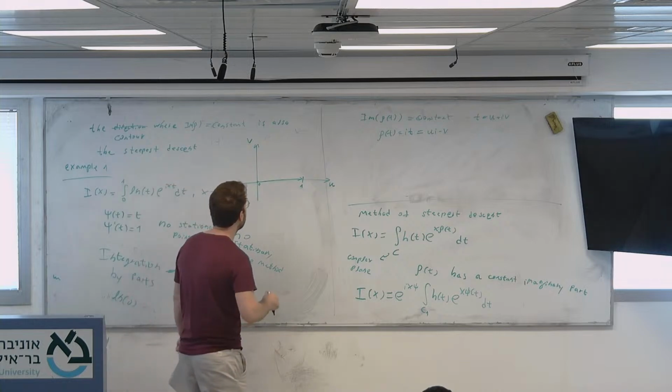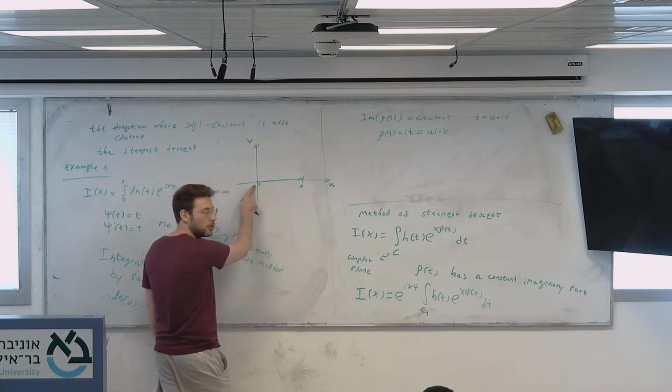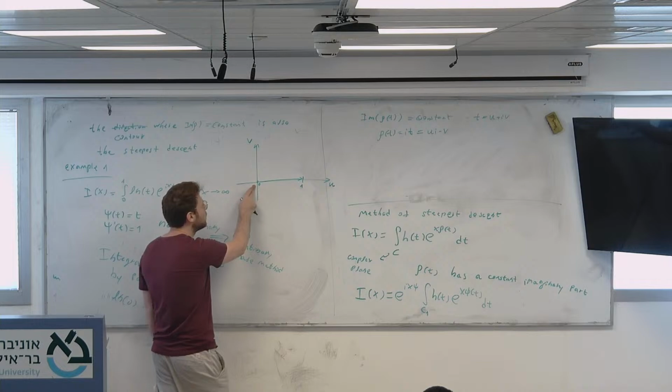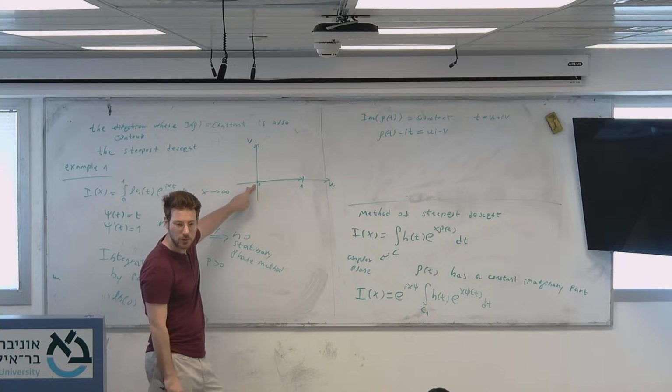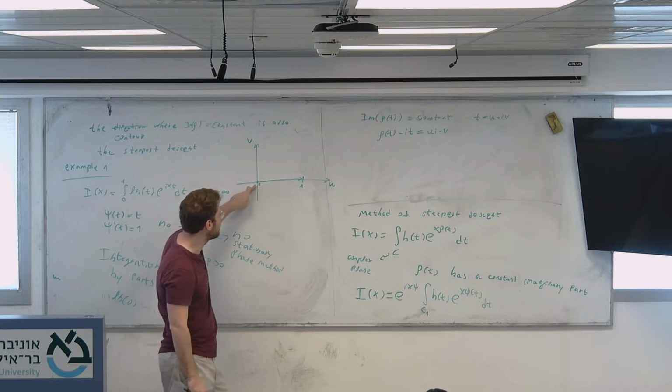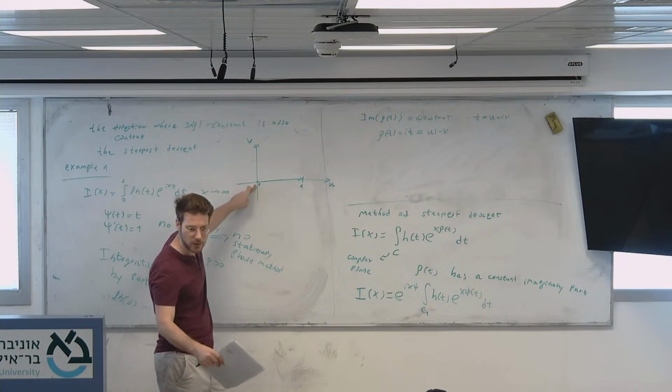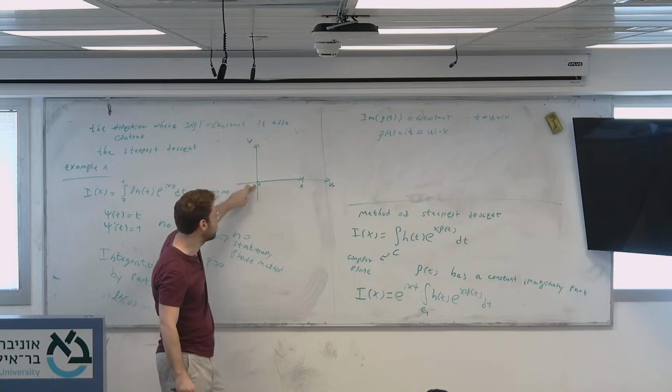We want some trajectory starting from 0 which has a constant imaginary part, but any path that goes through 0 will have the imaginary part of this point, which is 0.